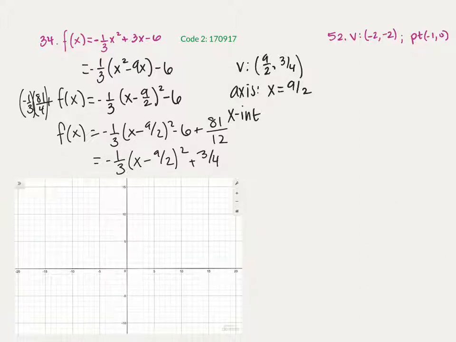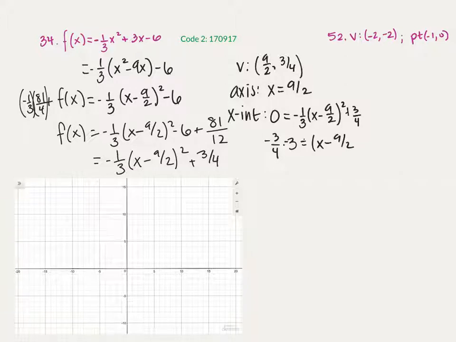are going to be, first I'm going to set my function equal to 0. So that'll be negative 1/3 x minus 9/2 quantity squared plus 3/4. So this will be negative 3/4 times negative 3 equals x minus 9/2 quantity squared. So this will be the square root of 9/4, plus or minus, is equal to x minus 9/2.